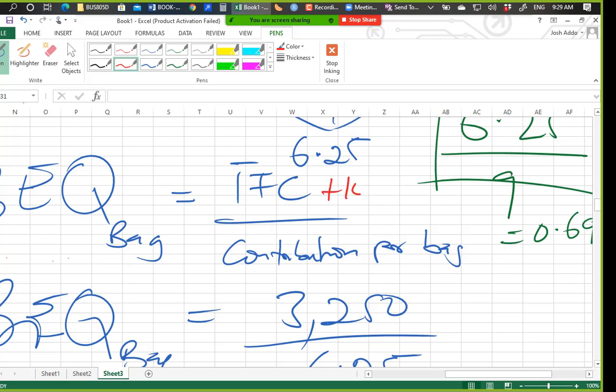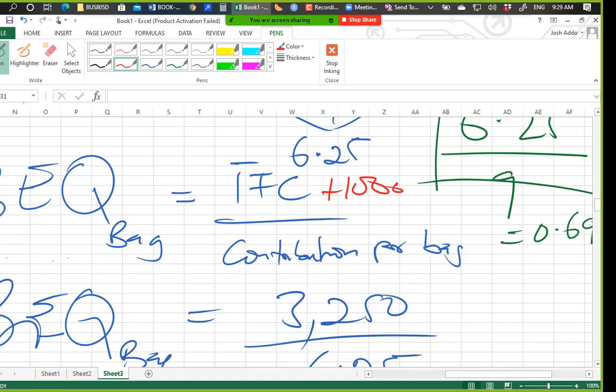You add the 1,000 to this, and that will take you to the number of bags. If you add 1,000, it means the number of bags will now go beyond 520. Then you separate the product from the bags into their categories. Then you get how much of each of the products to produce and get that target profit of 1,000.